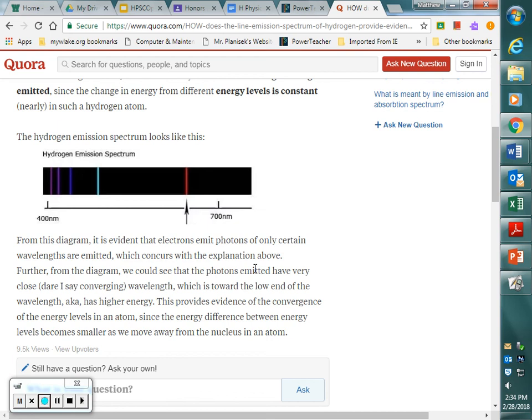Sometimes it doesn't necessarily go to a higher level. It just goes to that level more often, maybe quicker, like up and down, up and down. It gives very specific lines. And hydrogen, this is what it looks like. Okay? So if you give it enough energy, these lines would just get brighter and brighter because it's happening more often.